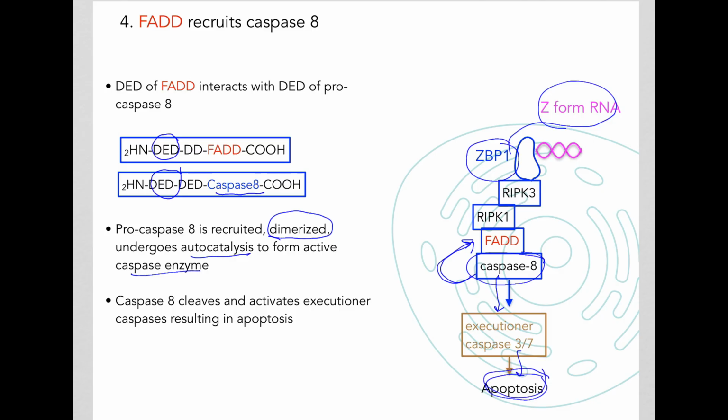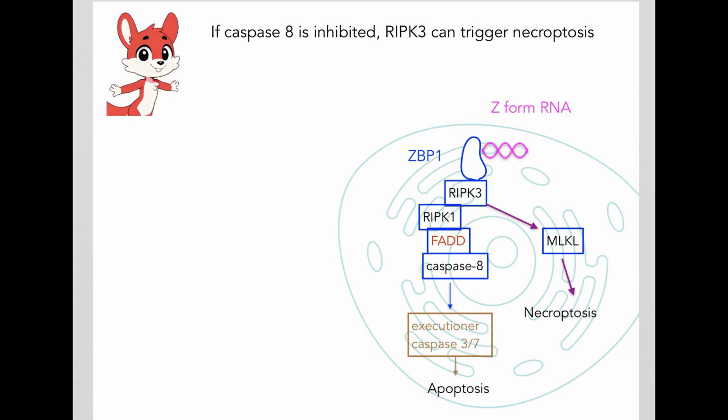So this is how the ZBP1 receptor, by binding Z form of RNA found in these viruses, can cause apoptosis in the cell. Now, once again, if for whatever reason caspase 8 is inhibited, for example by the viruses making their FLIP proteins or some other reason, then the RIPK3 can now recruit MLKL, and that can lead to necroptosis. Okay, so this is another possibility. If the cell cannot die by extrinsic apoptosis, it can die by necroptosis.